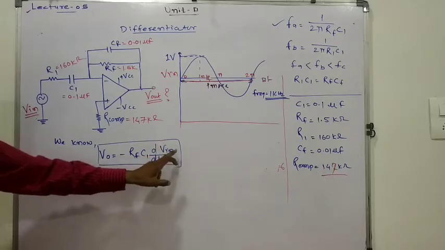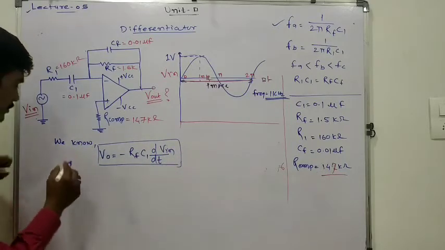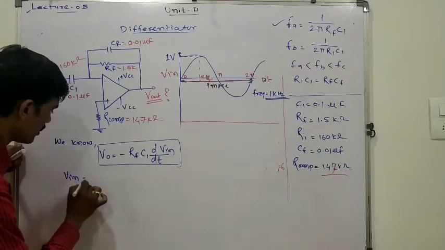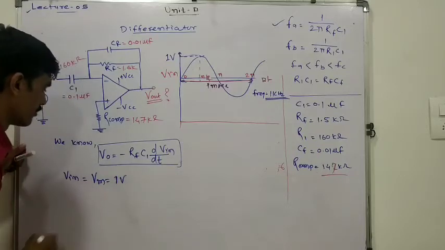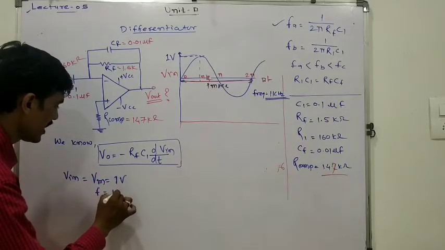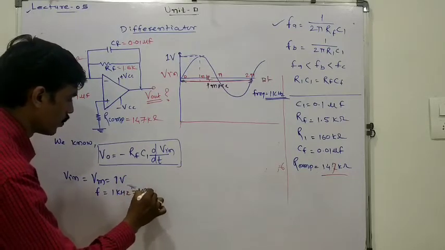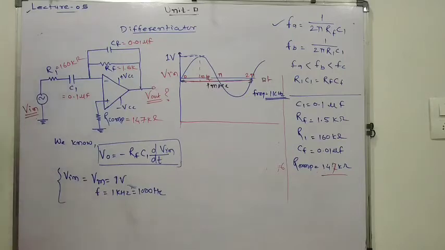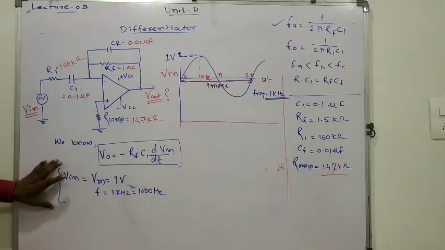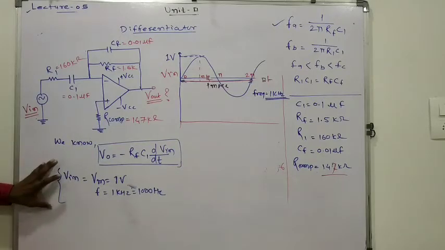Now V in is given. What are the characteristics of V in? For V in, the amplitude Vm is equal to 1 volt and the frequency is given as 1 kilohertz, or 1000 hertz. These are the input specifications given for the input sinusoidal signal.